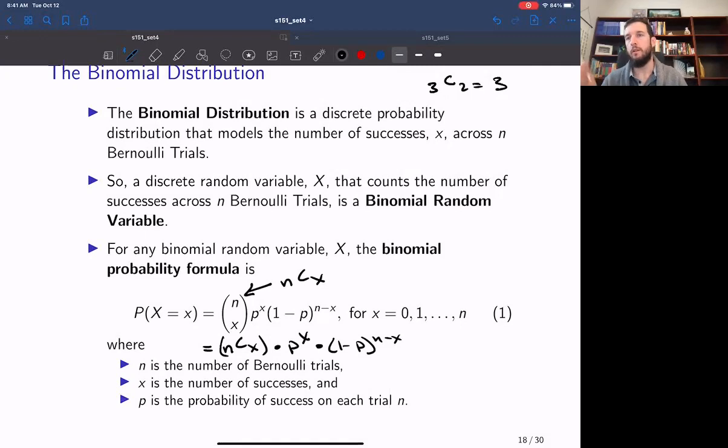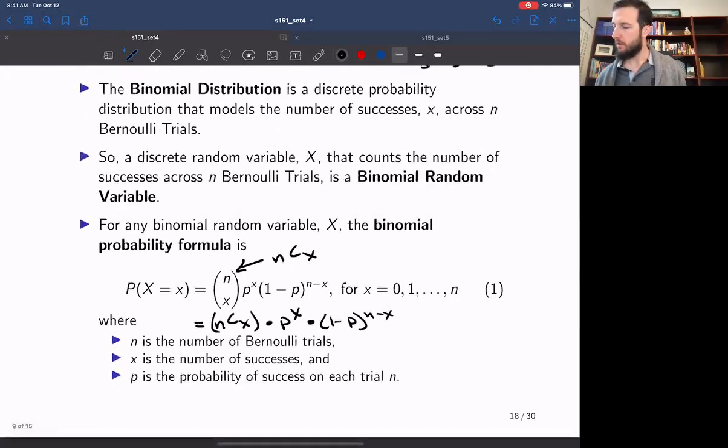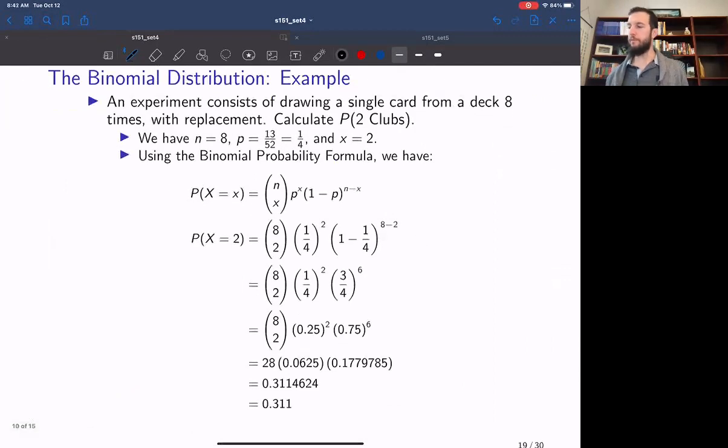All right, so let's go through some examples showing the common situations where we use this formula. The first example is drawing cards from a deck with replacement. When we draw cards from a standard deck with replacement, we create a series of independent events.